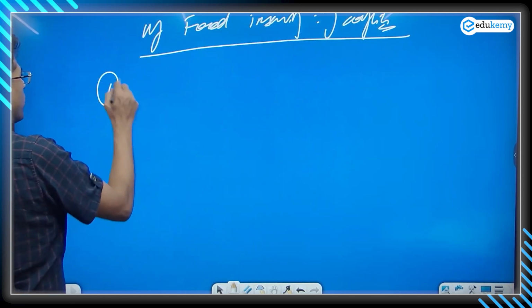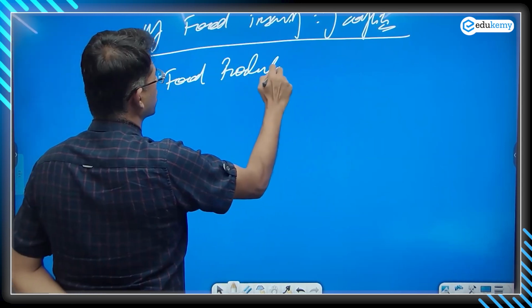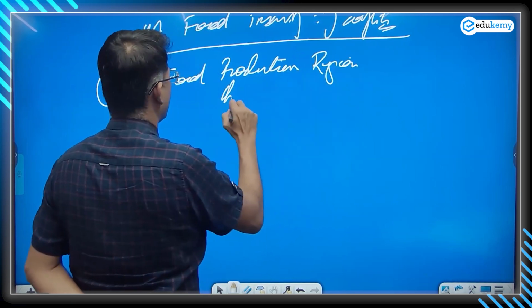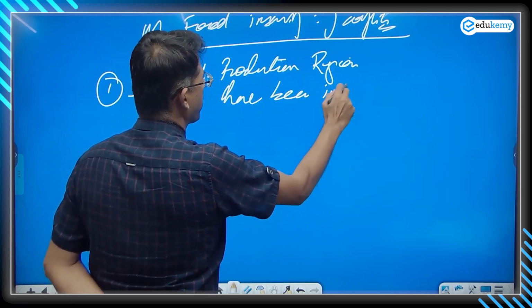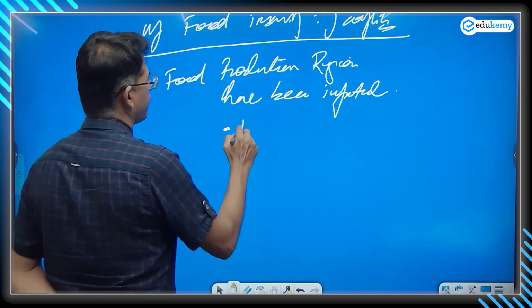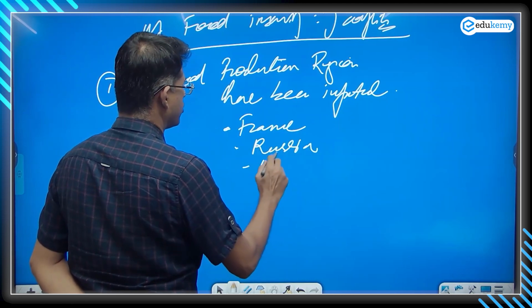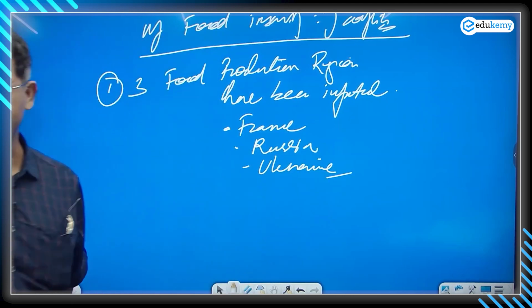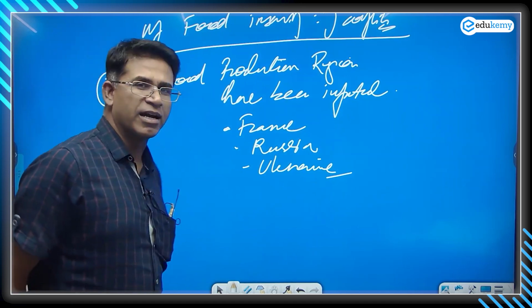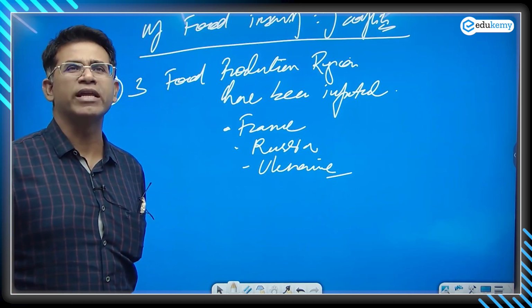Number one, 3 food production regions have been impacted, which includes France, Russia, and Ukraine. France is also a major supplier. There are conflicts and unrest in France, Russia, you understand, and Ukraine.